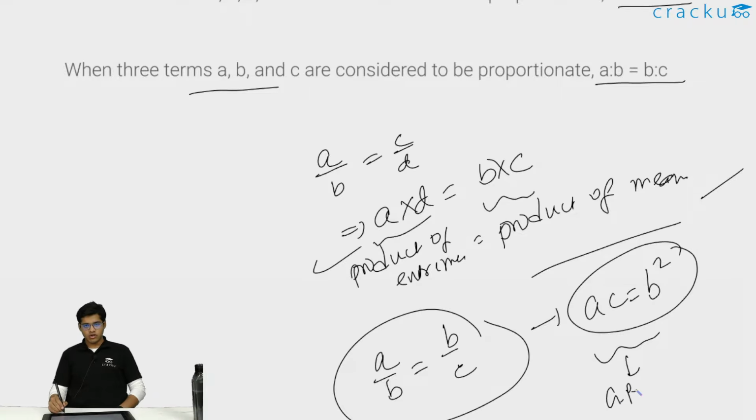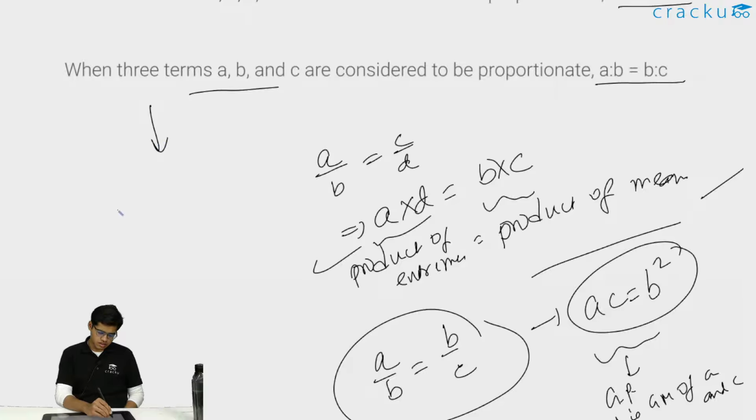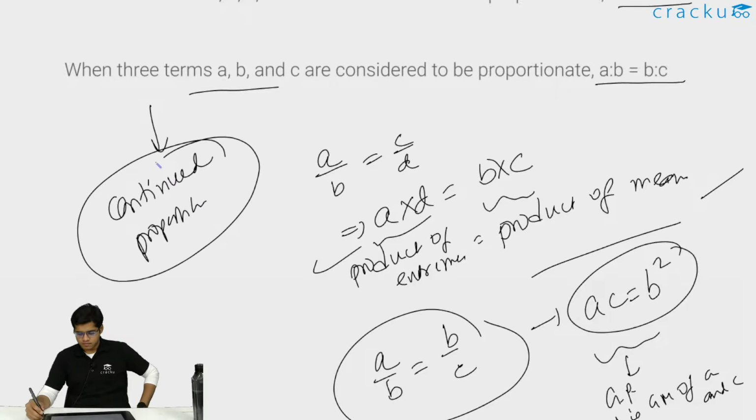I can tell b is the geometric mean of a and c. And this proportion is given a specialized term. It is known as continued proportion.